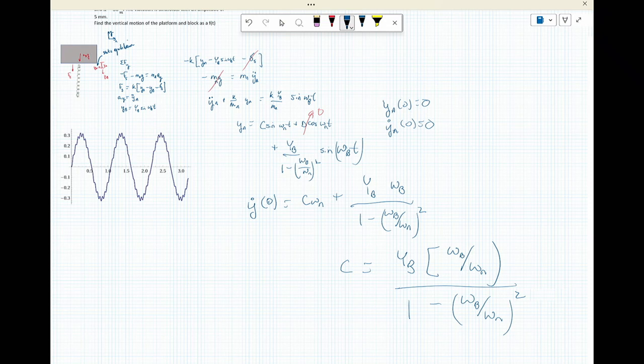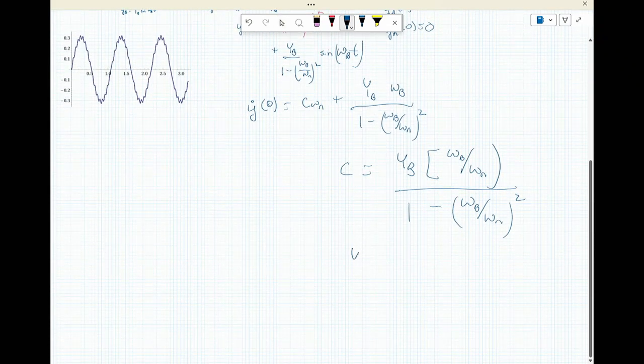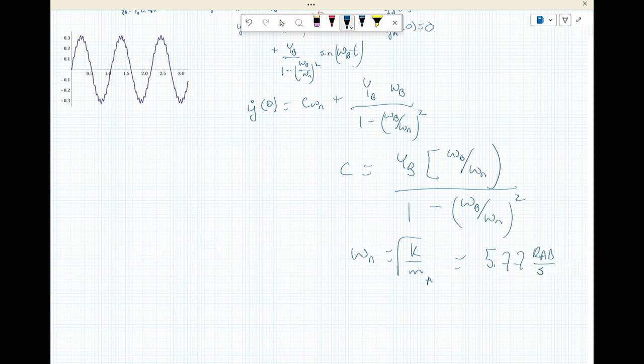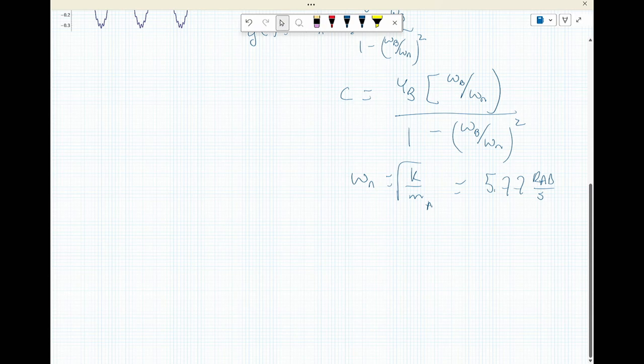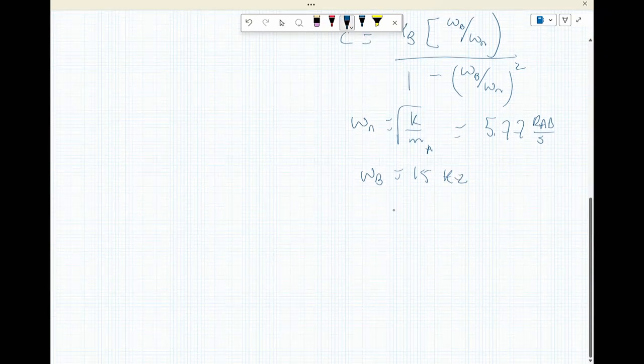I also know that the natural frequency of the system, omega n, is going to equal the square root of k over m a, which is equal to 5.77 rads per second. Omega b equals 15 hertz, or 94.25 rads per second.